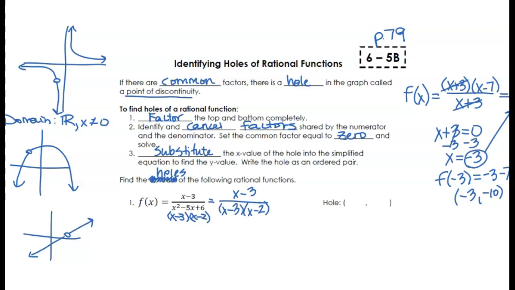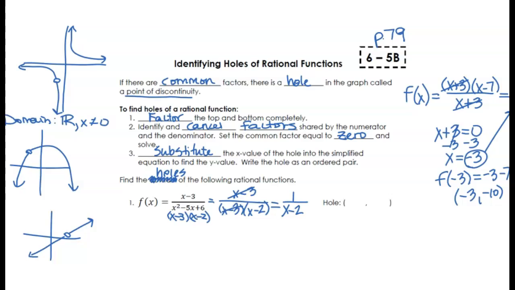Do you see some common factors? Yes, x minus 3. So what can I do with them? I can cancel them out, and what remains is x minus 2 in the denominator. So if x minus 2 is in the denominator, then what belongs in the numerator? 1. Agreed. Great.